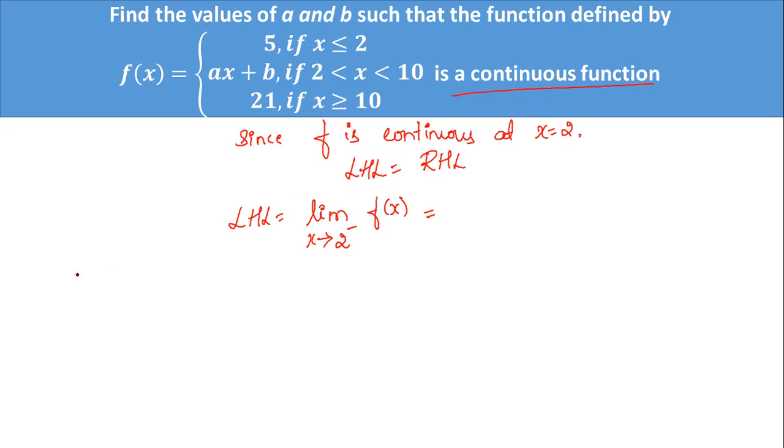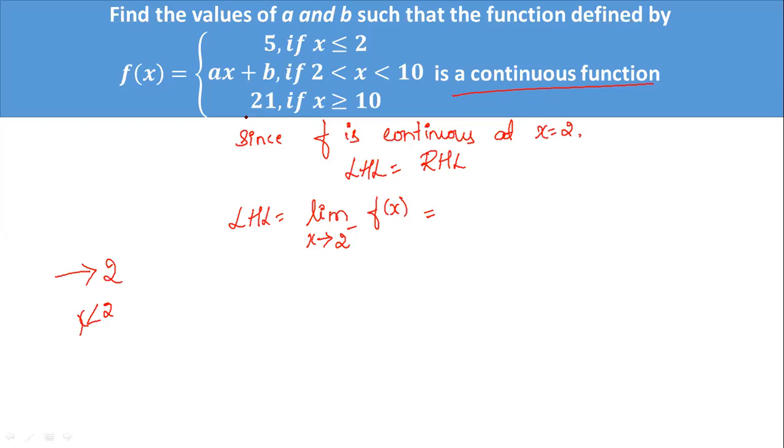You are approaching 2 from the left side, which means you are considering a value which is immediately to the left, that is, a value smaller than 2. Immediately to the left. So when x is less than 2, what is f of x? Which definition do I have to use among the three?